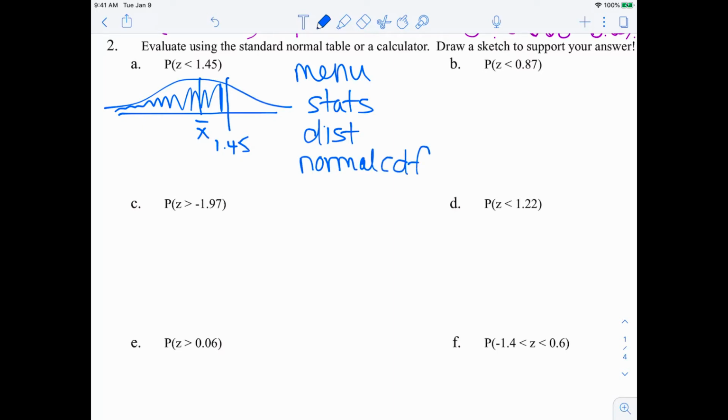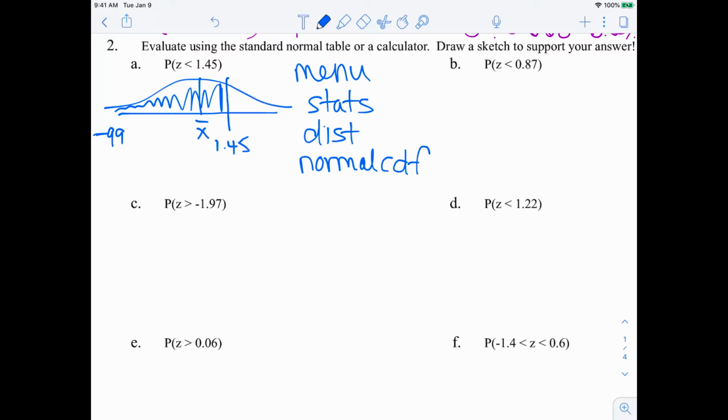Your lower bound is going to be negative 99 because most of the time your z-scores are going to be from negative 3 to 3. Most of the data falls within 3 standard deviations. Being outside of 3 is unheard of, but being to negative 99 is pretty much an impossibility. So this guarantees we're finding all of the area under the curve if we use negative 99 here. Then our upper bound is our z-score of 1.45, and then we just hit enter.